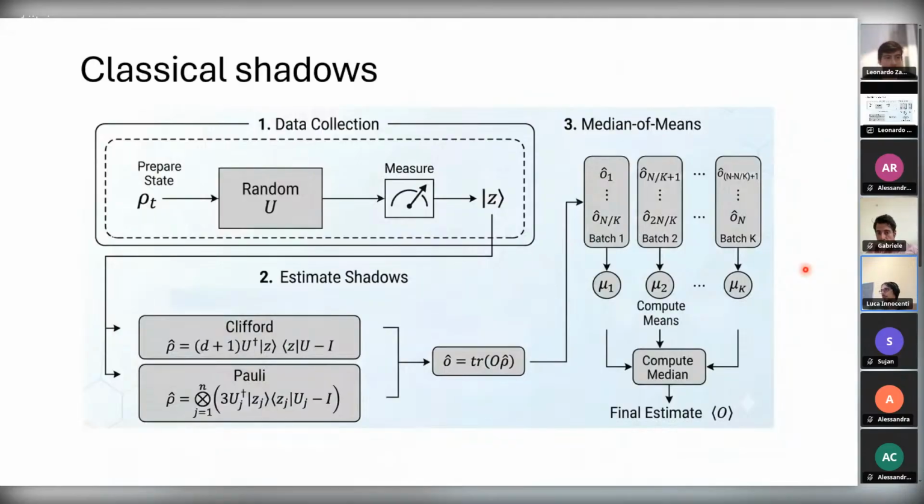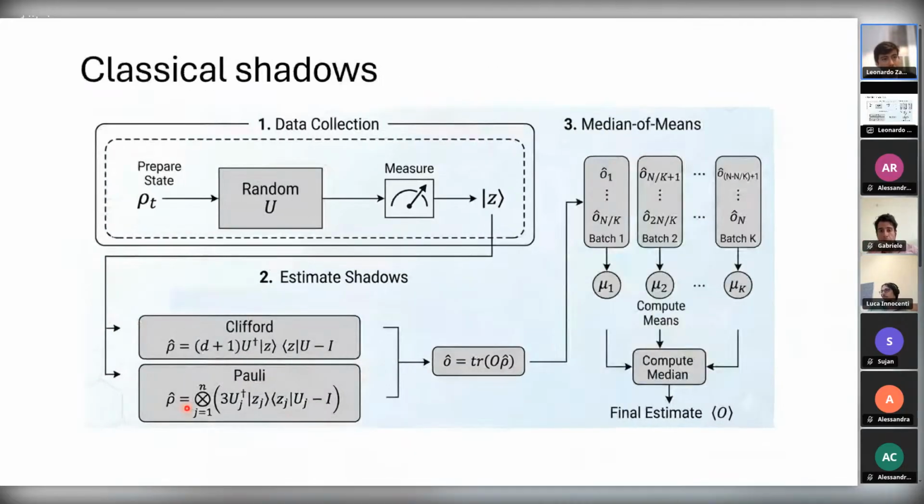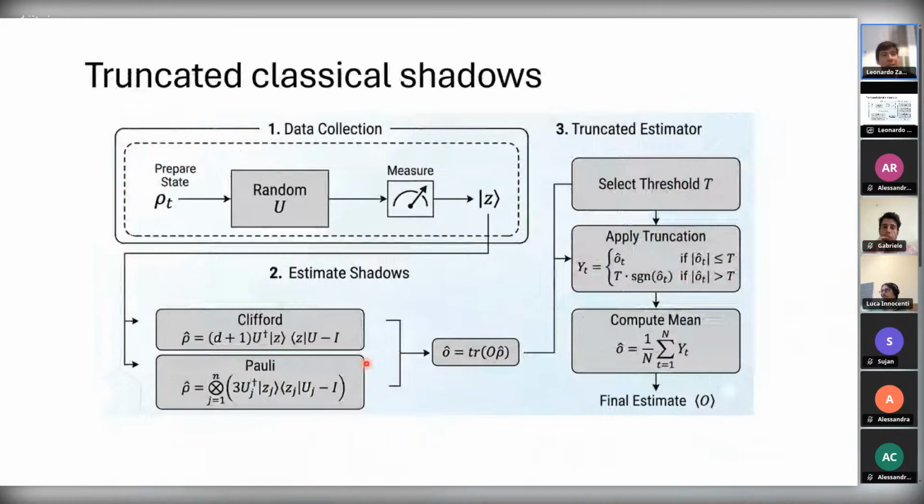Yes. So actually, in my protocol, I had to change this median of means. It was because in the math, I was seeing this dimensional factor in front. So I had to change it to a truncated estimator to avoid this.